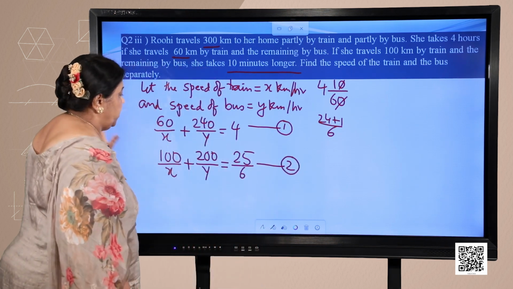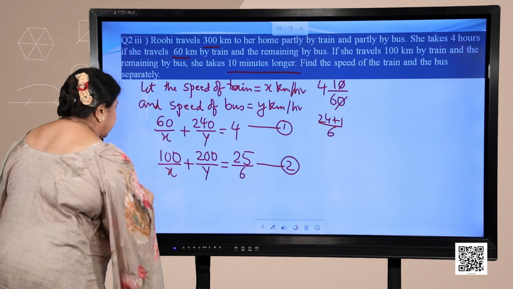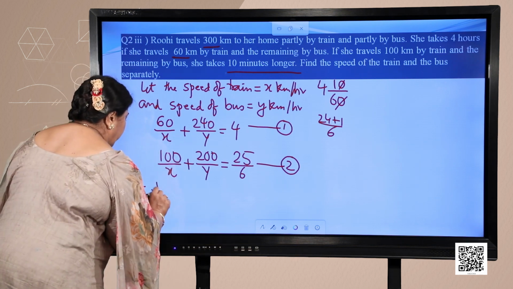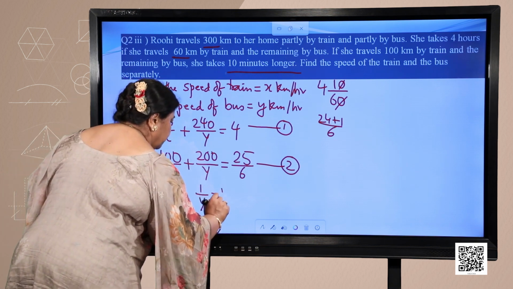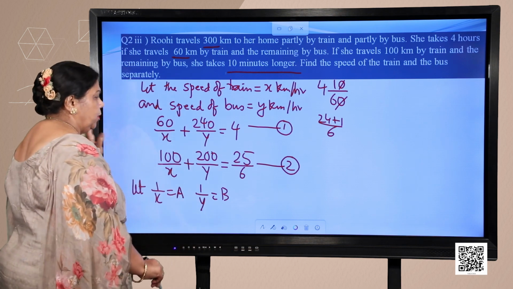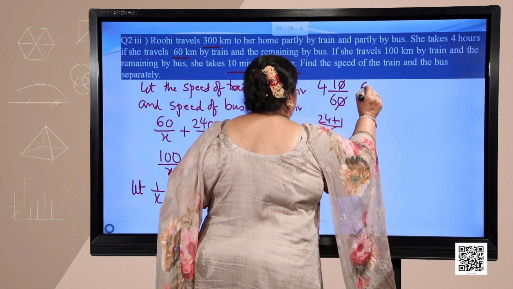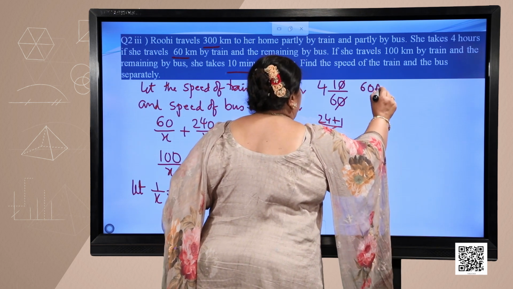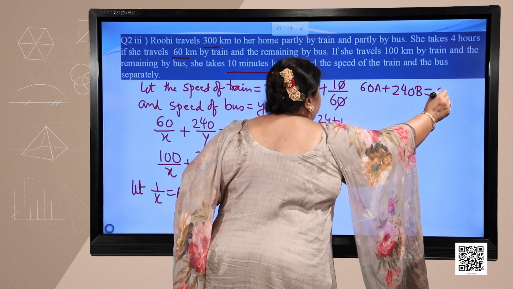These are the two simple equations we need to solve. Now, let me take this as 1 upon x as a and 1 upon y as b. Look how the equations will change. I will have 60a plus 240b is equal to 4.